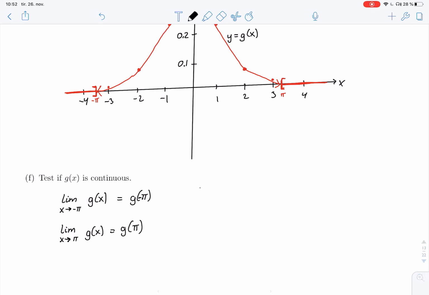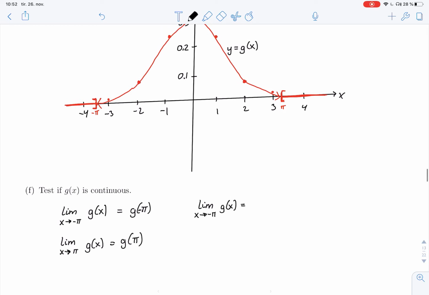Okay, let's check. Lim x goes towards minus pi of g of x. That would be lim x goes towards minus pi.